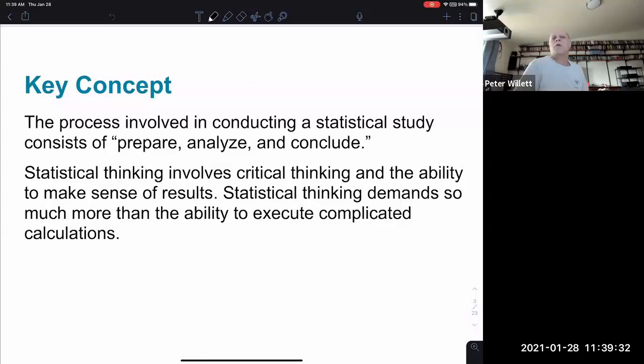Is anyone willing to offer up, just as a concept, an example of a large group and what you might want to know about them that you might try to investigate with a statistical study?